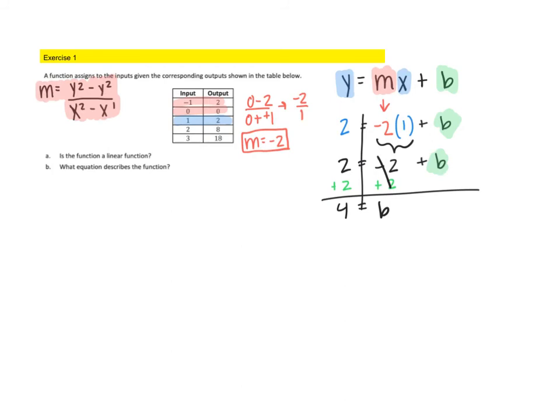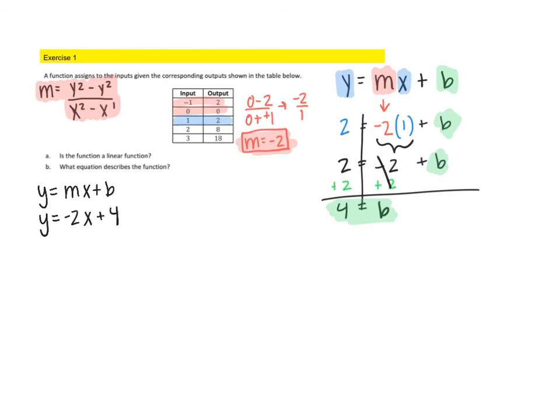So you should have found that b equals 4, and m equals negative 2. So we're going to write this out as an equation. y equals mx plus b. Your equation you should have found is y equals negative 2x plus 4.